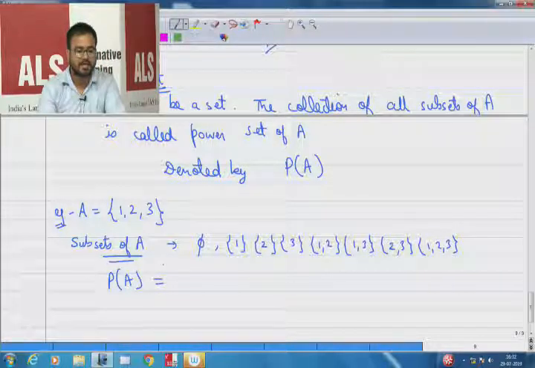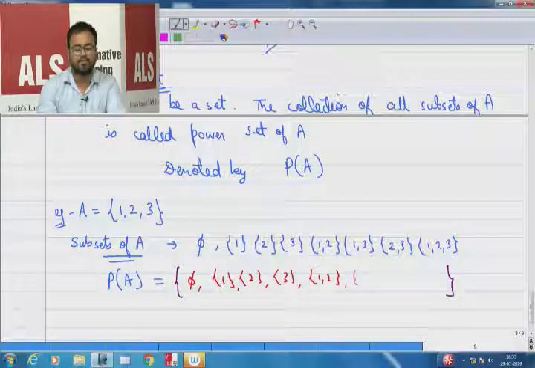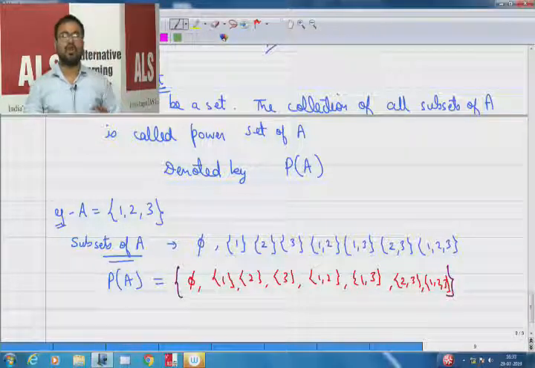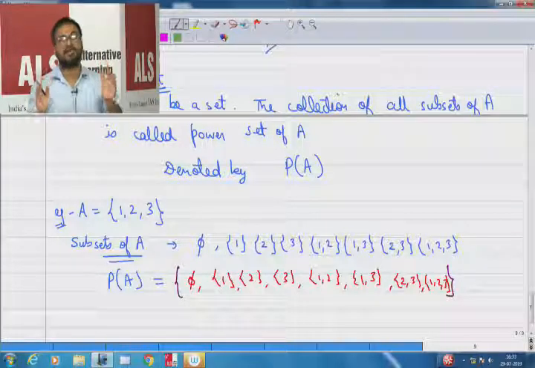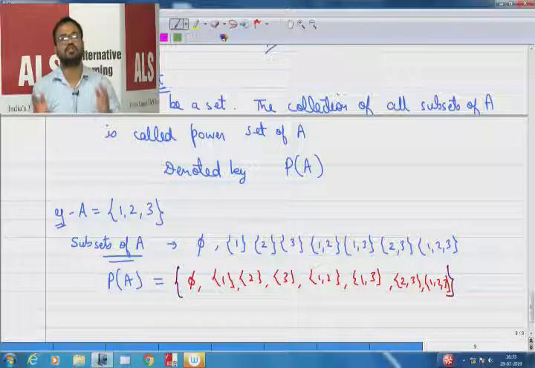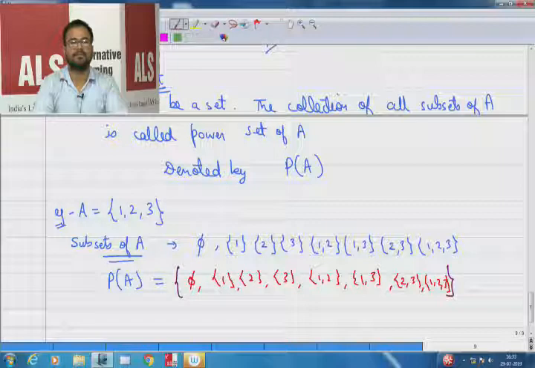So we write a curly bracket, and then writing all these subsets as they are, separated by commas: φ, {1}, {2}, {3}, {1, 2}, {1, 3}, {2, 3}, and {1, 2, 3}. So if you write all the subsets in a curly bracket in one place, that collection is known as the power set of a set. That is the meaning.